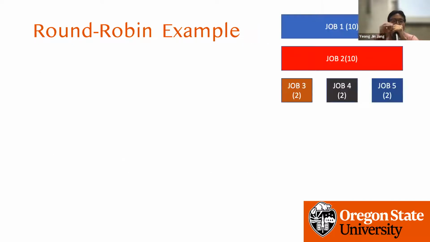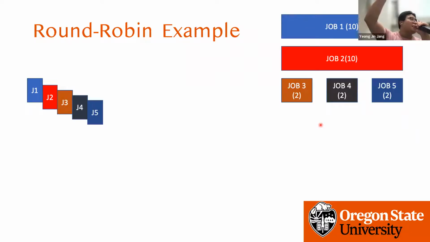How round robin works is, suppose we have these 5 jobs, the same case as FIFO and SJF. If we implement the round robin scheduler on a preemptive operating system, suppose the jobs come in as 1, 2, 3, 4, 5, then it schedules the jobs according to their arrival sequence.